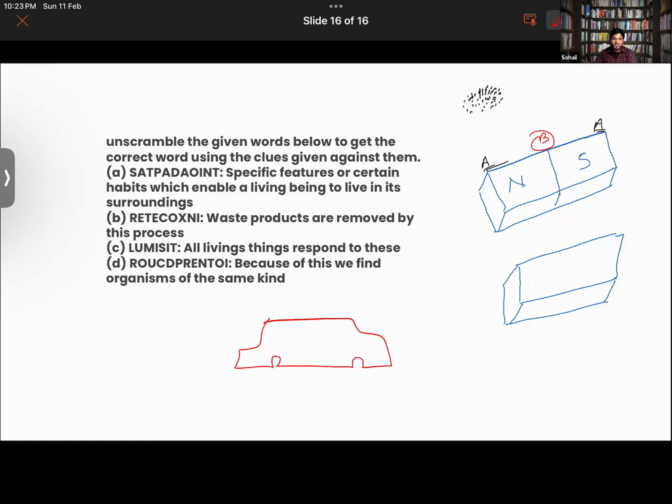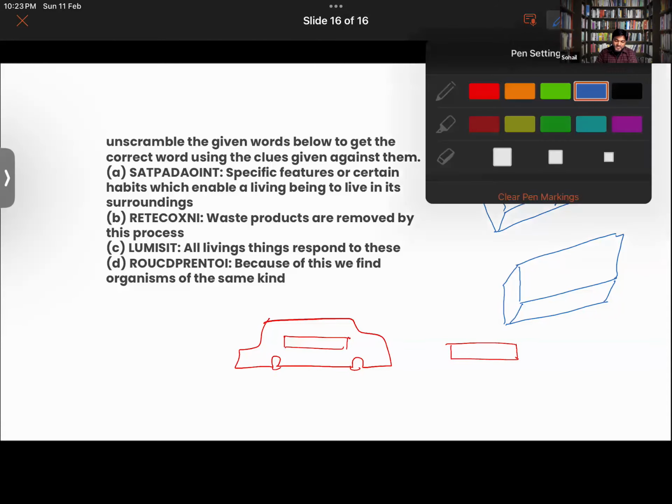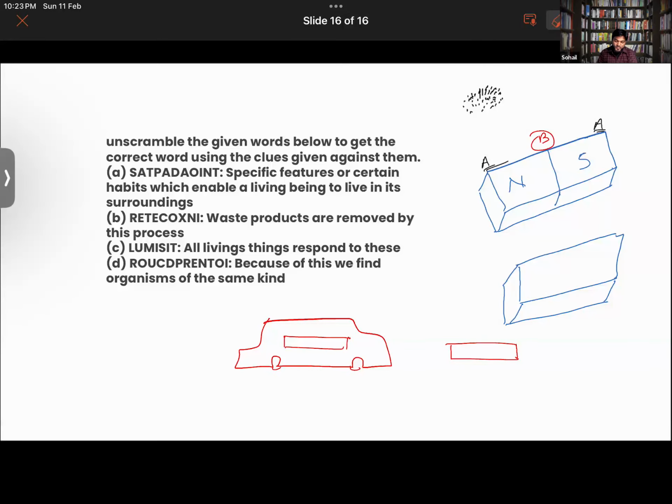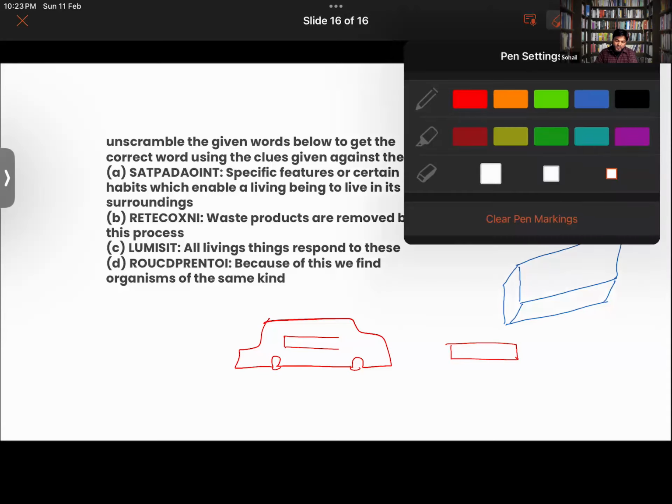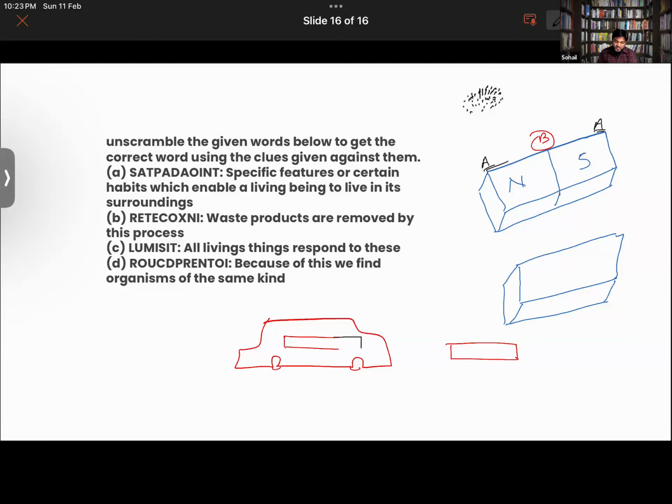Let me repeat my question. There is a toy car which has a bar magnet hidden inside it, and your task is, using another magnet, to find out which pole is facing the front part of the car. Meaning, in the front part of the car, is it the north pole or the south pole? Any guess, any idea how do we do this? How do we find that out?